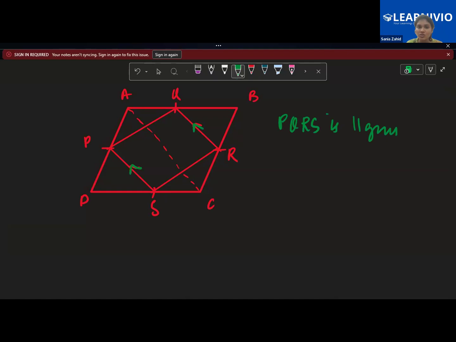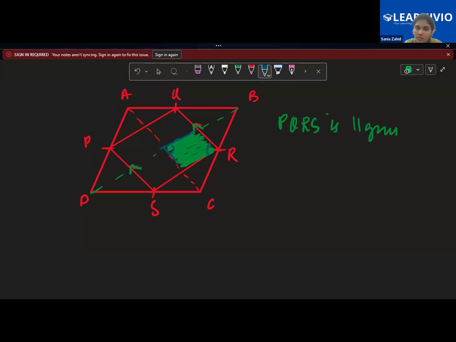Now I will draw one more diagonal of the rhombus and take this small quadrilateral. In this small quadrilateral, this angle and this angle are equal to one another. First of all, you will prove that this is a parallelogram.